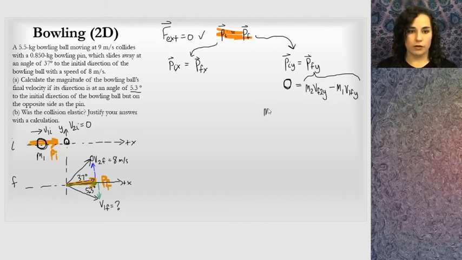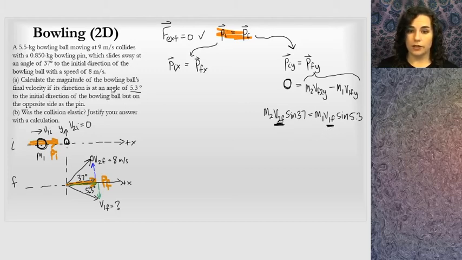So I can write out M2 V2 final sine 37, it's the top one, equals M1 V1 final sine 5.3. V2 final is a number. V1 final we're trying to find.